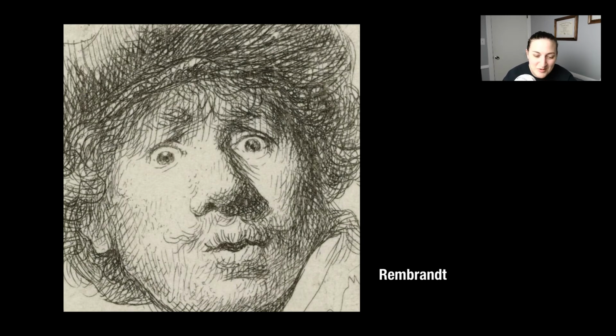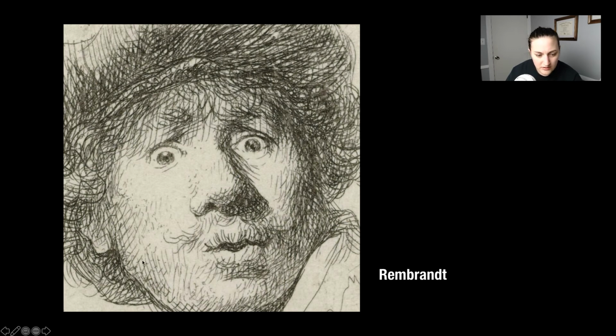This is a pretty famous Rembrandt self-portrait, kind of the freak out eyes here, but very up close image of that mark making in the way that he's using it to describe the face. It's very loose but very descriptive. Every line has a purpose and it's describing something very specifically.